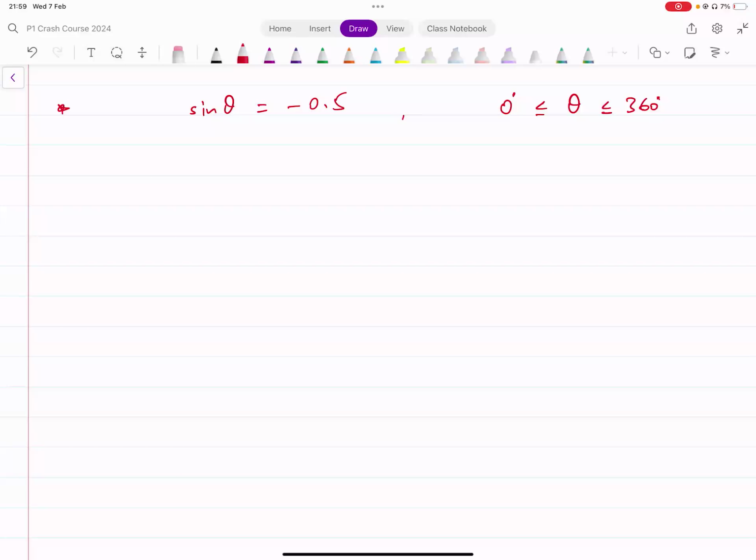Because if there was no interval given, then it was not possible to write down all possible answers, because there are infinitely many possible answers. You can't possibly write all of them. So they give you a range like this. So in this case, if they say theta is supposed to be between 0 and 360, how do we solve such an equation?